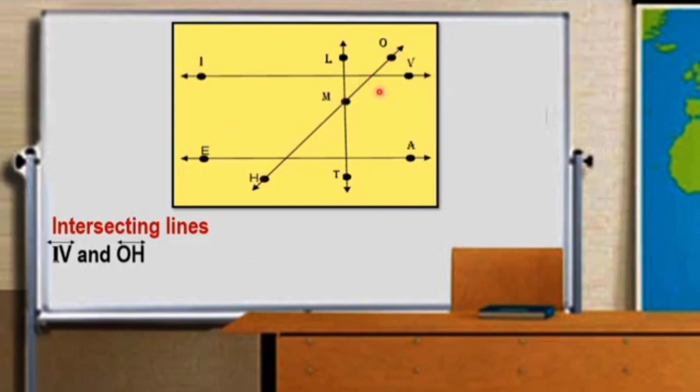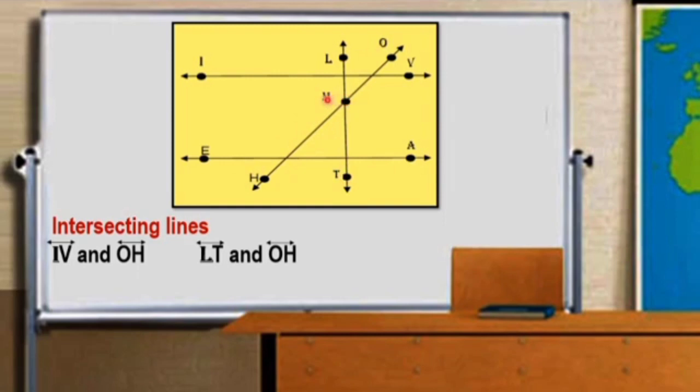Si line IV at si line OH, nag-intersect sila dito sa point na to. Meron pa ba? Magaling! Si line LP and line OH. Nag-intersect sila dito sa point na ito, kay point M.